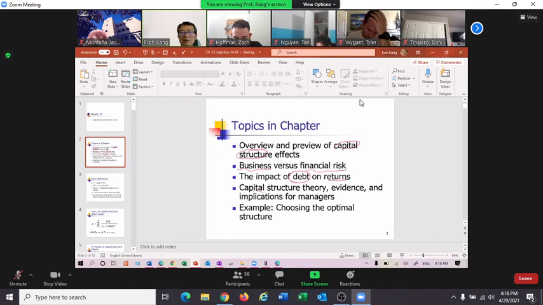And then we'll think about capital structure theories, evidence, and implications for managers. So this is important: how to choose the optimal capital structure, actually using numbers. So we come up with an optimal capital structure. So that is chapter 15.